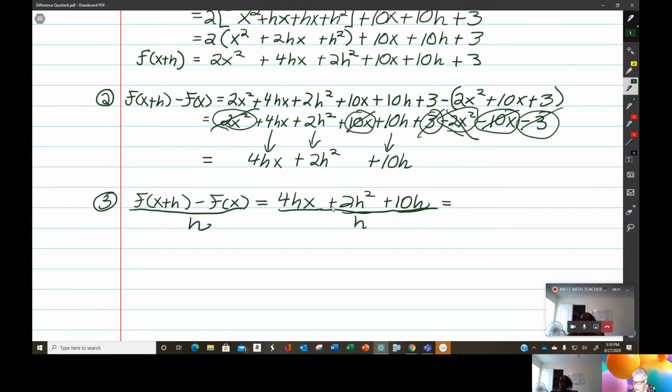Yeah, the way that you do this kind of problem is, since there are 3 terms up here and only 1 term down there, you break it apart into 3 fractions. 4hx over h plus 2h squared, I'm going to say h times h, that is h squared.